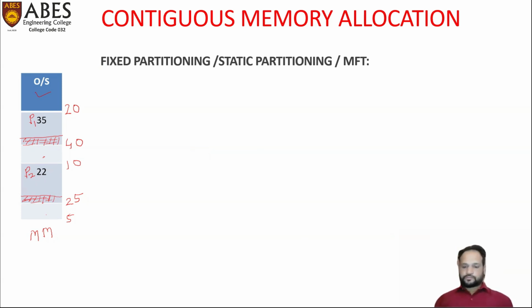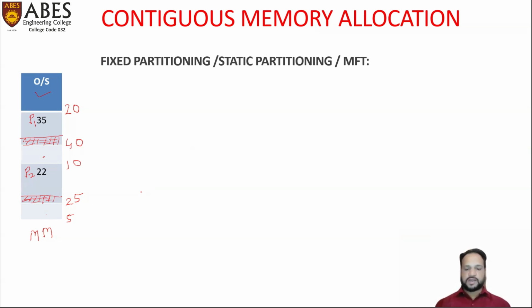So now, in fixed partitioning, there are two different methods. One is equal size partitioning and the other is unequal size partitioning. First, fixed partitioning, in which at configuration time we allocate partitions of different sizes for the memory. These are a fixed number of partitions.